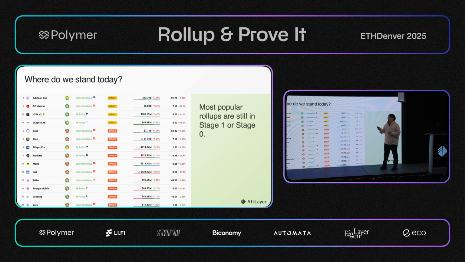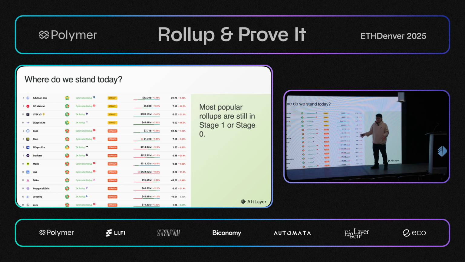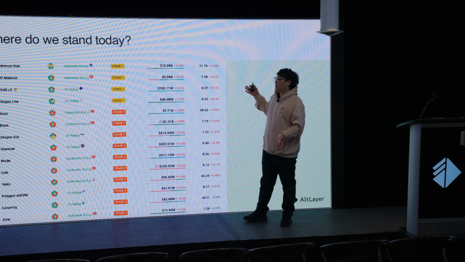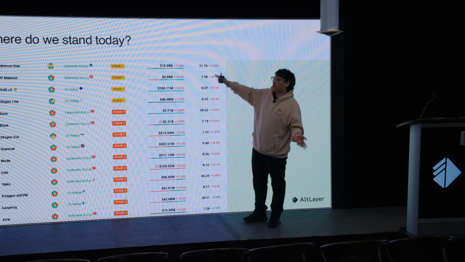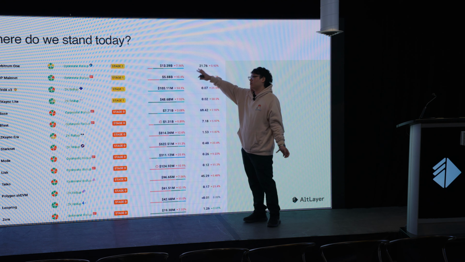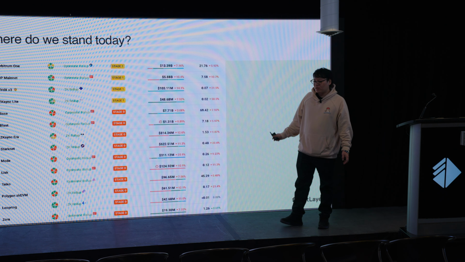And then things are fine. And if we look at the current status of the entire Rollup space, right, we can see most of the major general purpose rollups are stage 0, and very few are stage 1. Actually, this is the old version, and in the new version we can see some stage 2 protocols.